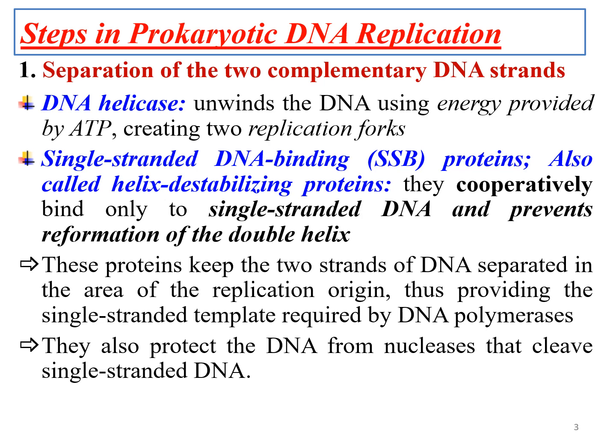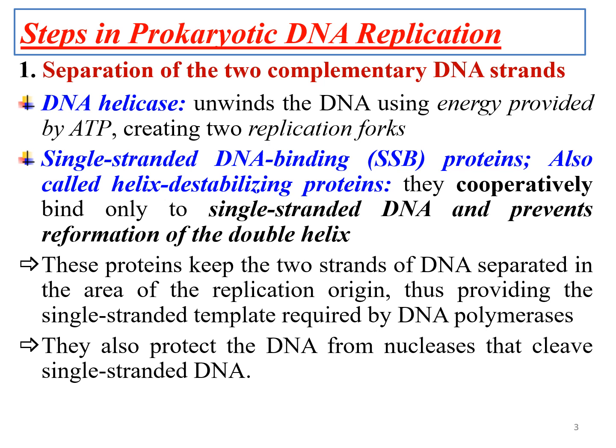So the single-stranded DNA binding protein works with DNA helicase to create a single strand and to avoid the reformation of the double helix. This protein keeps the two strands of DNA separated in the area of the replication origin, thus providing the single-stranded template required by the DNA polymerase.